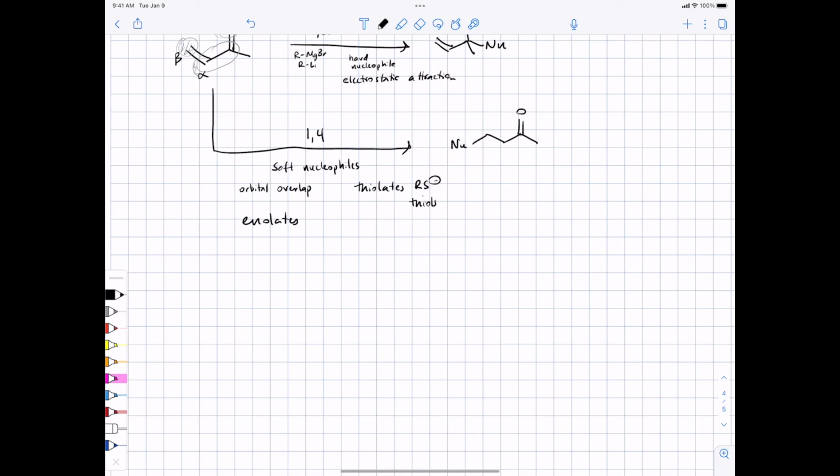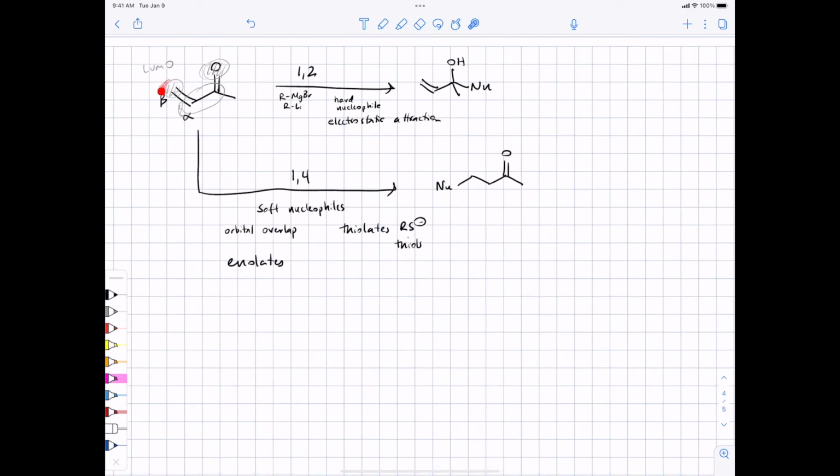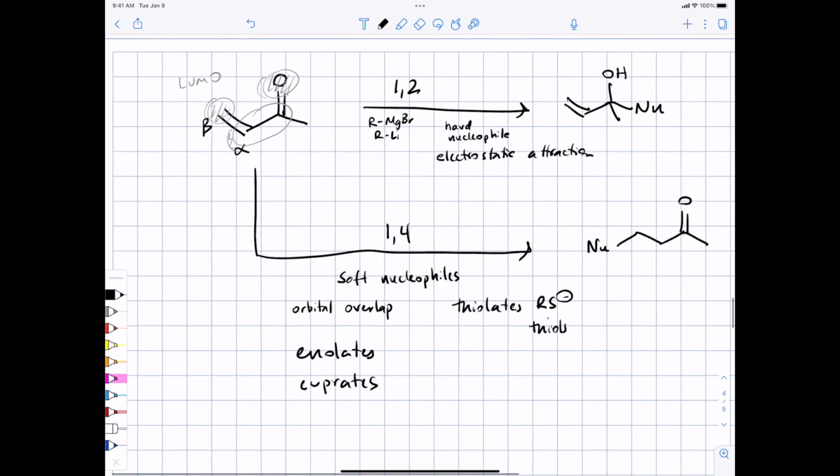Enolates, given the choice, would prefer to do the conjugate addition. Cuprates as well. All of these are sort of softer nucleophiles where orbital overlap is more important. And I think the rationale is that the LUMO coefficient, orbital coefficient, is higher on the beta carbon.